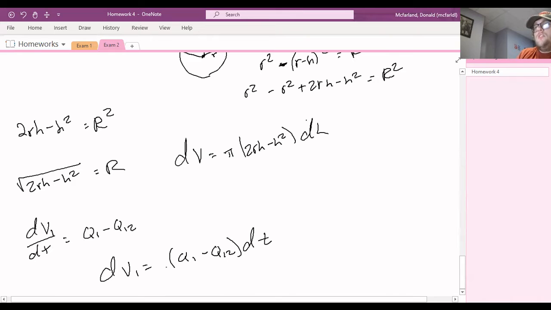So with this equation, we can plug in our values for the first tank, giving us pi times (2rh1 minus h1 squared), all this times the change in height 1.